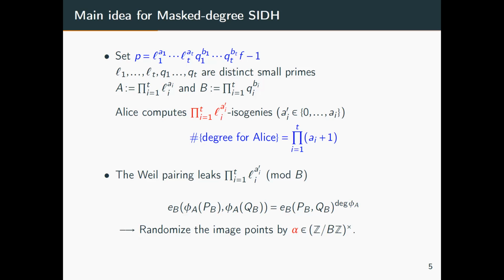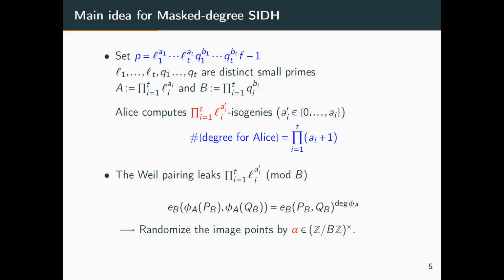Here's the next point. Alice computes a product of l_i^{a_i'} isogenies. Here, a_i' is an integer from 0 to a_i. So there can be a lot of degrees for the secret isogenies, and the size of the space of degrees is the product of (a_i + 1).